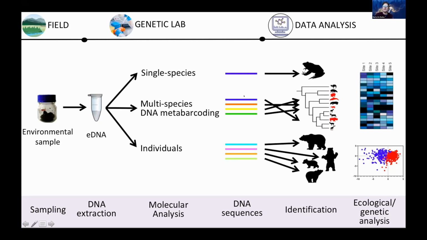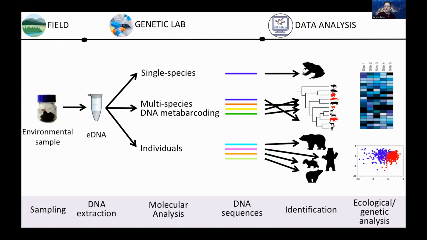And then we get DNA sequences, and these are informative and are used to identify the species or the many species that are comprising a sample, or to distinguish between the various individuals of a species. And then these data are used for the subsequent ecological genetic data analysis.